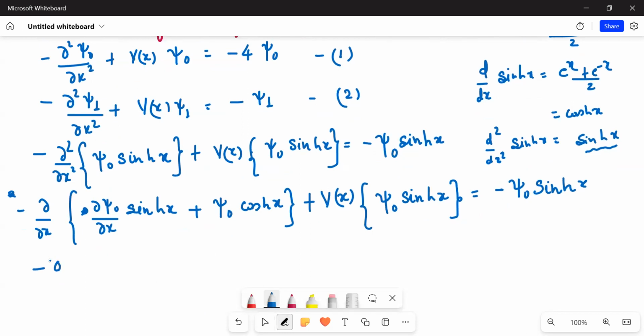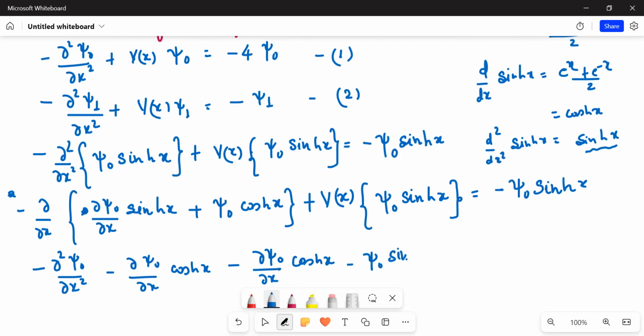What you'll get is minus of del square psi naught upon del x square, and then again this minus del psi naught upon del x. The derivative of sine hyperbolic x is simply cos hyperbolic x, minus del psi naught upon del x cos hyperbolic x, minus psi naught sine hyperbolic x plus Vx psi naught sine hyperbolic x is equal to minus of psi naught sine hyperbolic x.